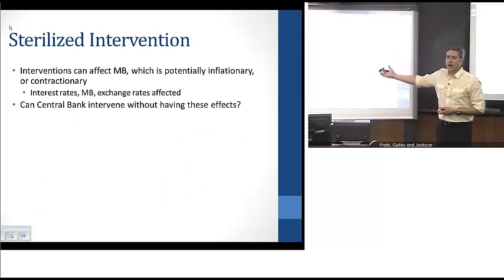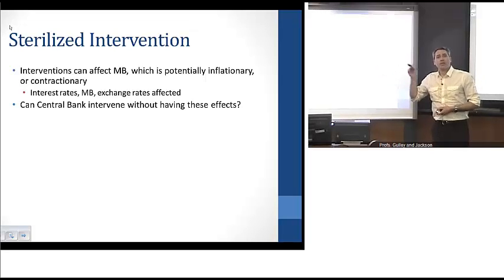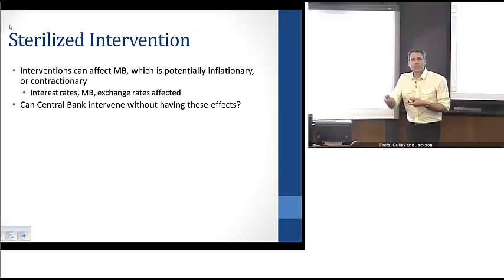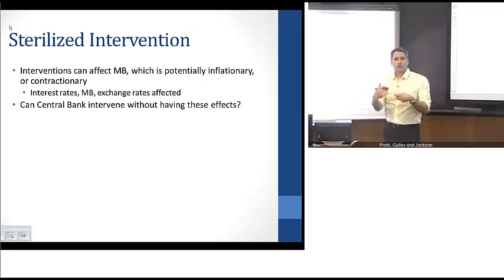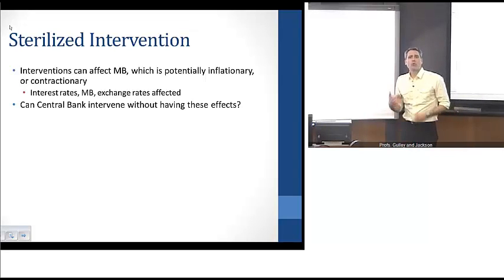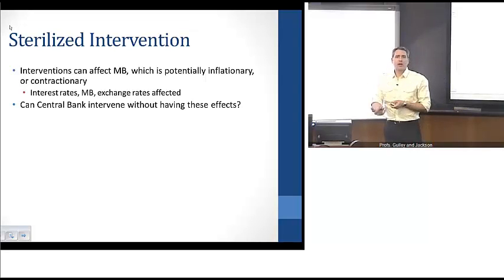One of the counterpoints to this is to think about the effects on the monetary base. In the previous examples, what we saw is that when the central bank conducts these interventions, it impacts the monetary base, either reducing it or increasing it. That can have impacts on the broader real economy, which the central bank might want to either partially or fully sterilize or offset.